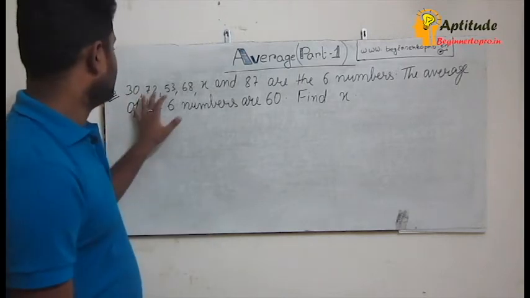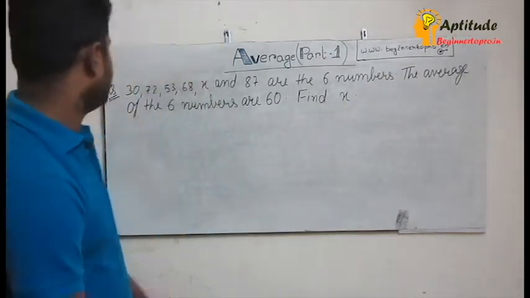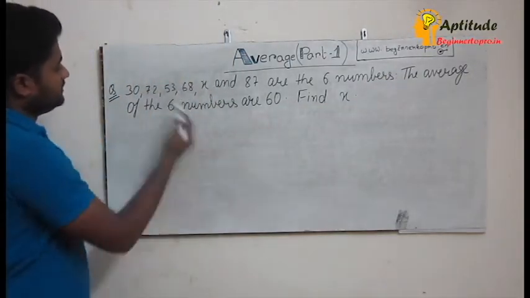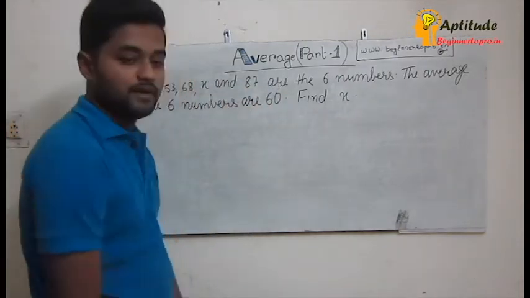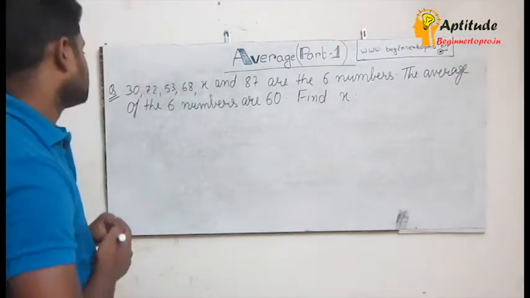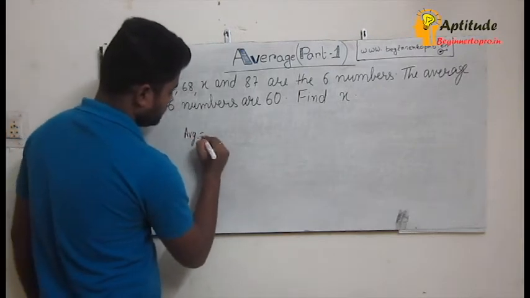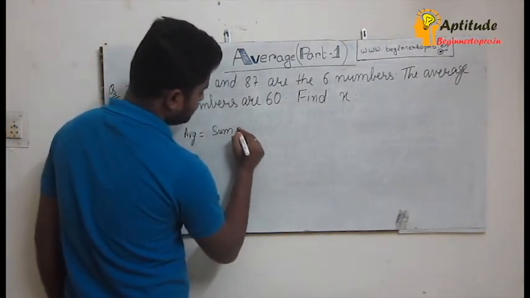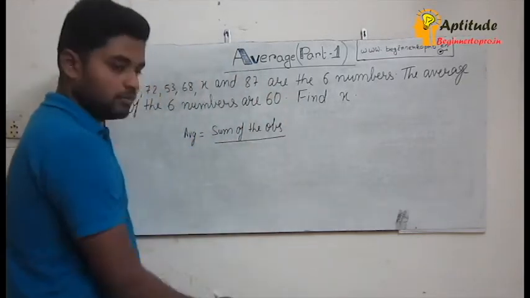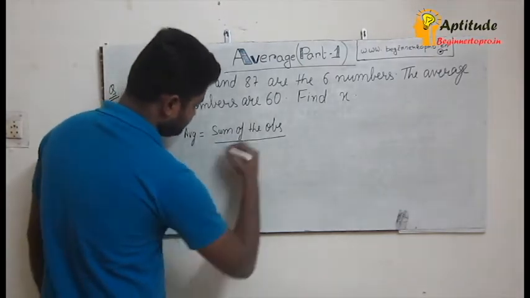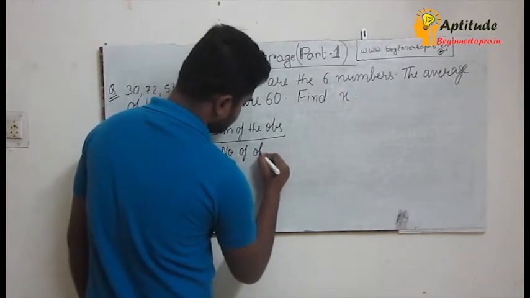The question says 30, 72, 53, 68, x and 87 are the six numbers. The average of the six numbers is 60. What will be the value of x? To find the average, we first find the sum of the observations, and then divide that sum by the total number of observations.